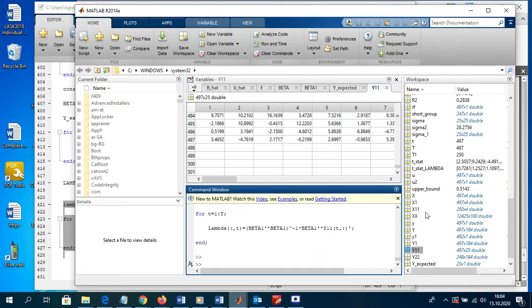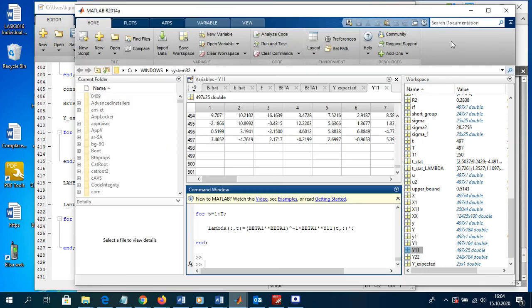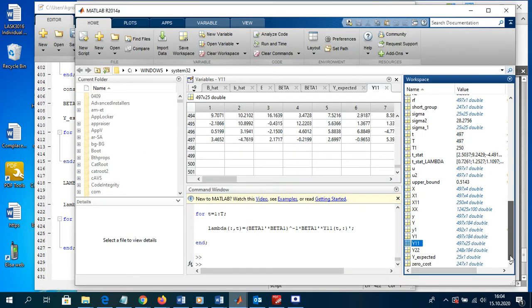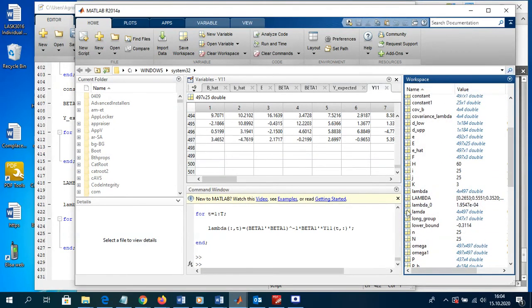Let's check how our lambda looks like. So our lambda should have the dimension 4 by T, and in each column should be the corresponding risk premium vector for each point in time. So let's go back to lambda. Where do we find our matrix here? Here.